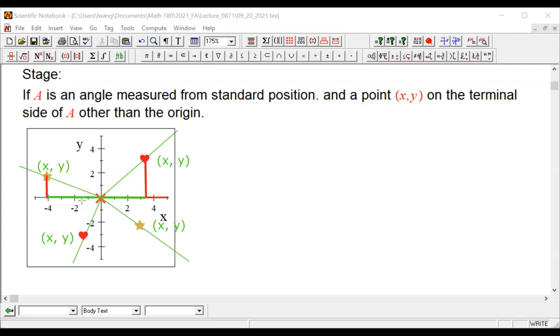For this third point in the third quadrant, this is x, and that is y. You follow me? And for the last point in the fourth quadrant, this is x, and that is y.